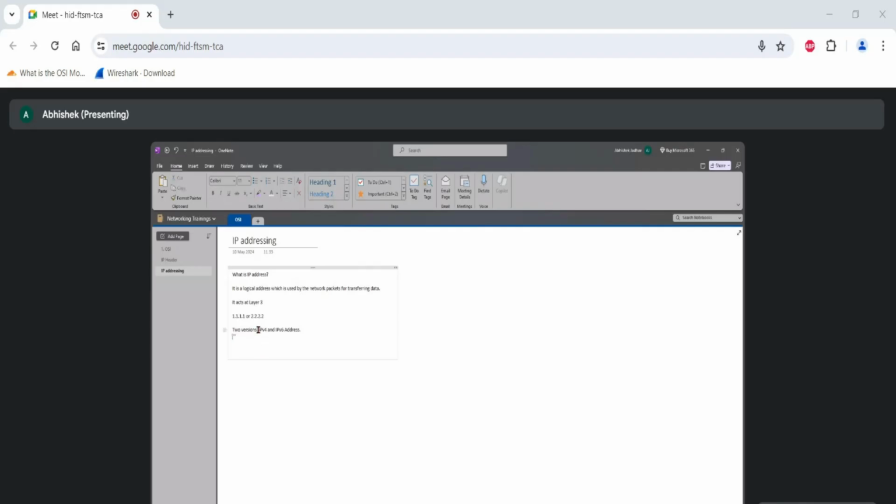The total number of IP addresses that we have is 2 to the power of 32, right? So this value is what we have. What comes out of 2 to the power of 32?